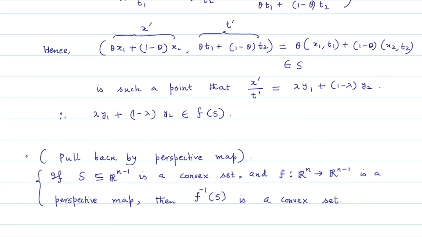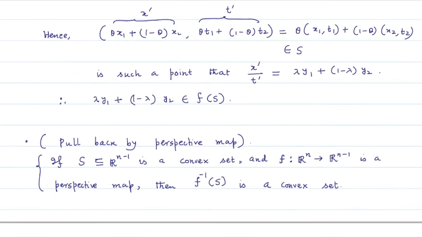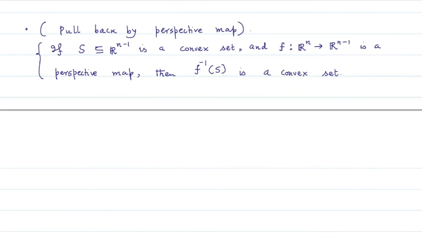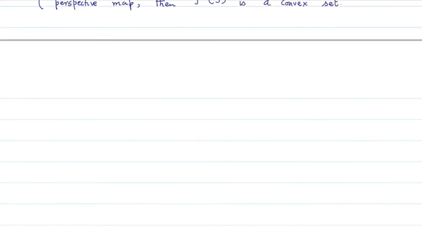Now, as an application of this image under perspective map, I would like to give another home task here, that you show image of a convex set by a linear fractional map is again a convex set.